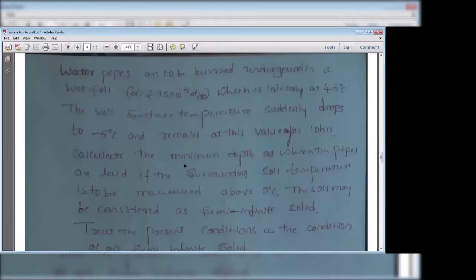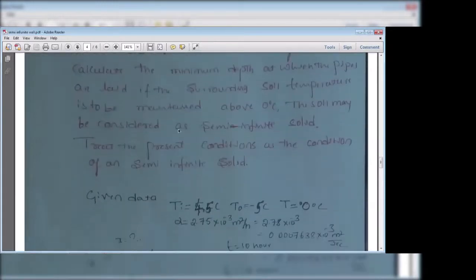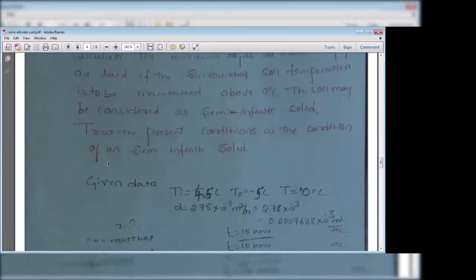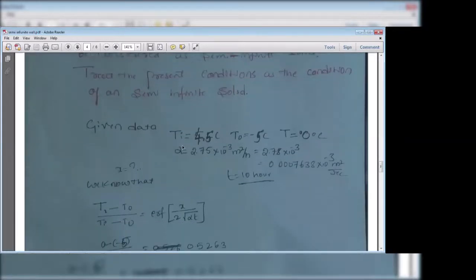You need to calculate that. So we treat this as a semi-infinite solid. The given data: Ti is equal to 4.5 degrees Celsius, T naught is equal to minus 5 degrees Celsius because the surface temperature drops to minus 5 degrees Celsius, and T is equal to 0 degrees Celsius.